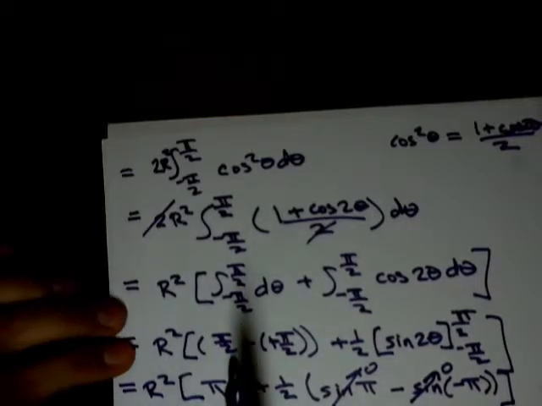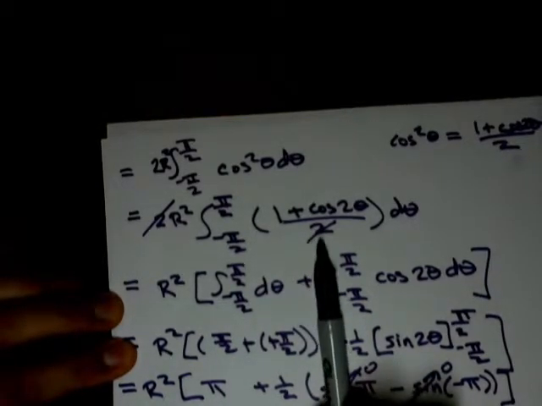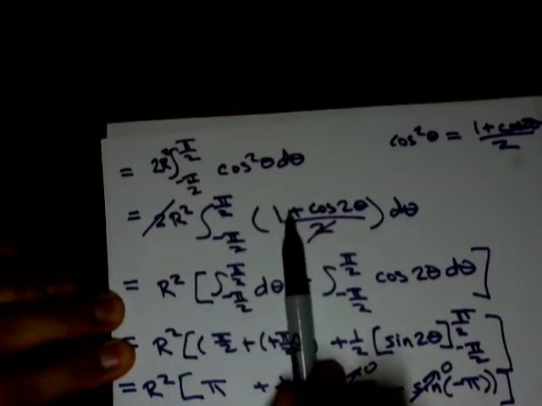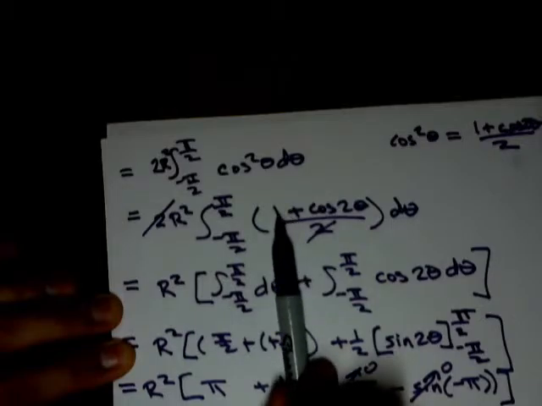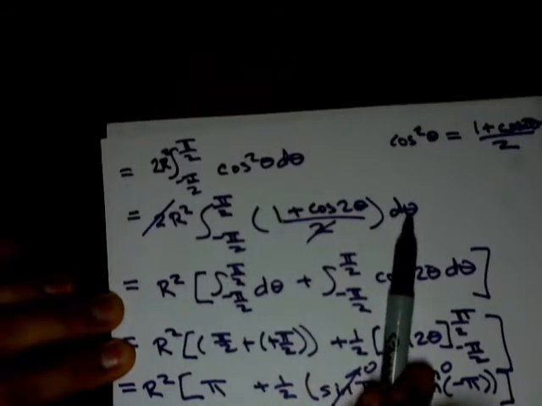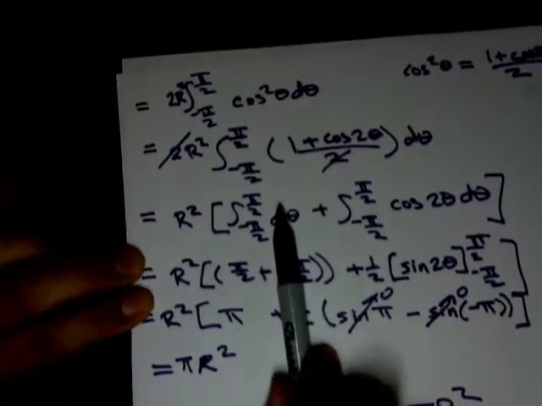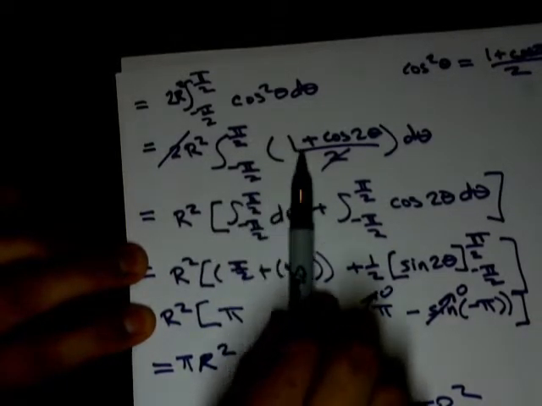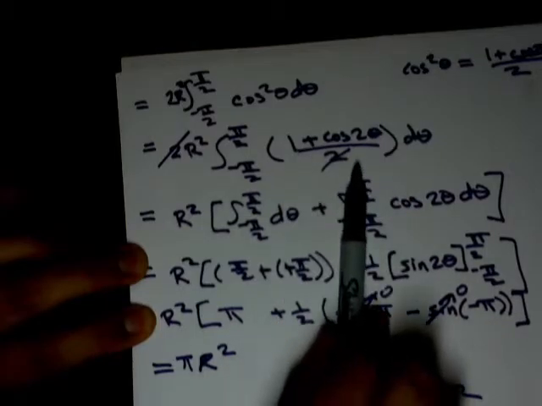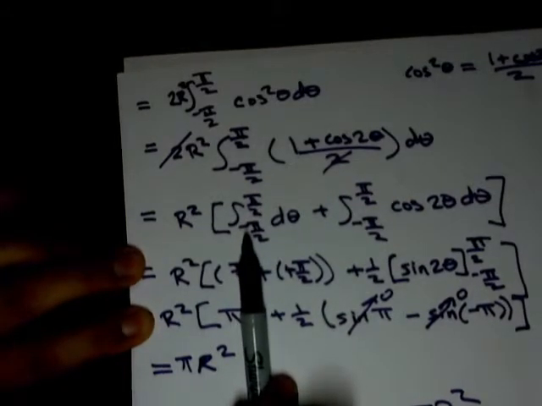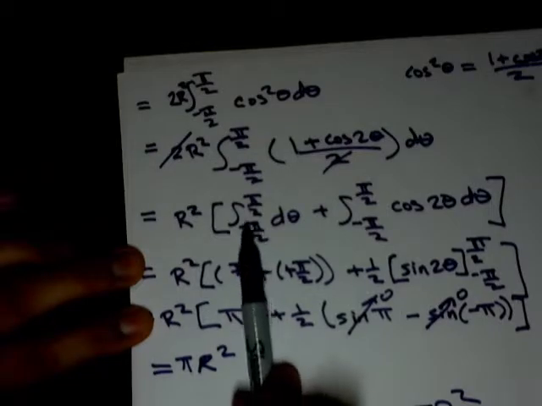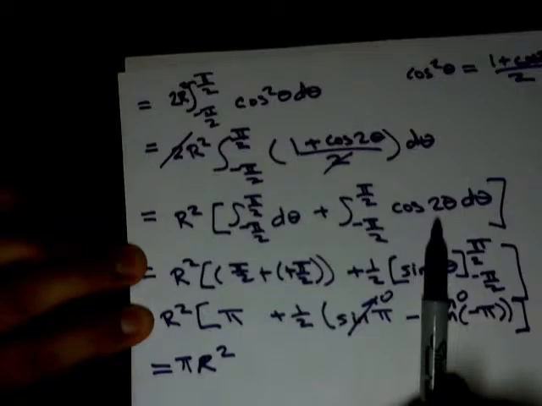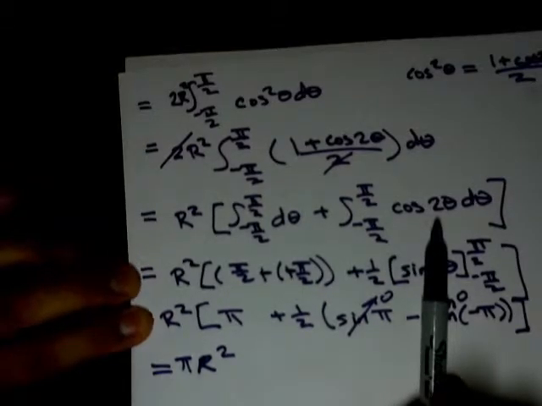Of course this 2 in the denominator cancels this 2 out in front, and we're left to integrate this 1 plus cosine 2 theta times d theta. So let's do this, and we get r squared factored out times this integral. That's our integrand here that's being integrated. And we got our limits minus pi over 2 to pi over 2 times d theta plus our limits of integration of our integral of cosine 2 theta.